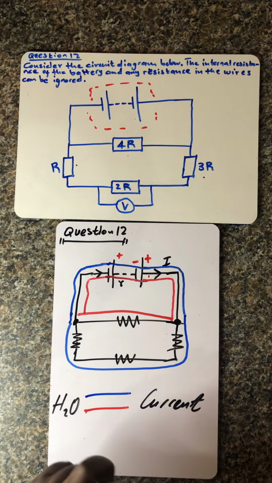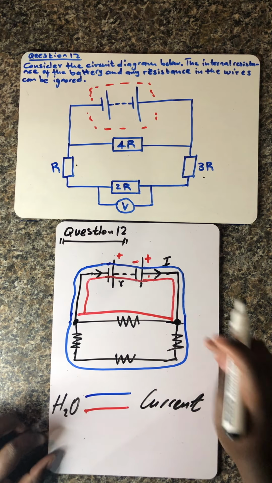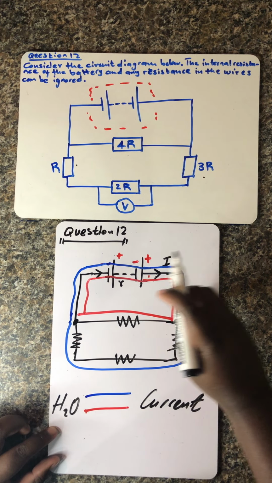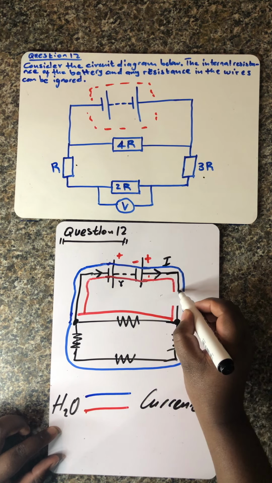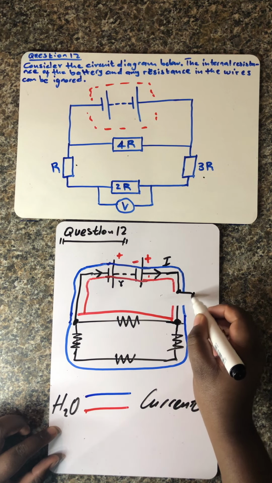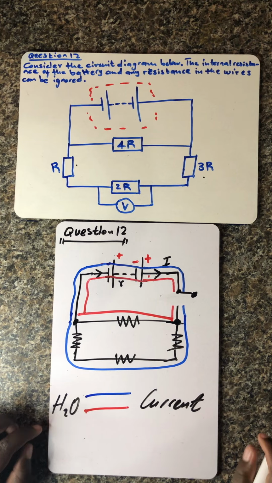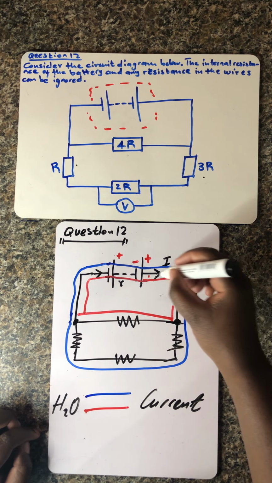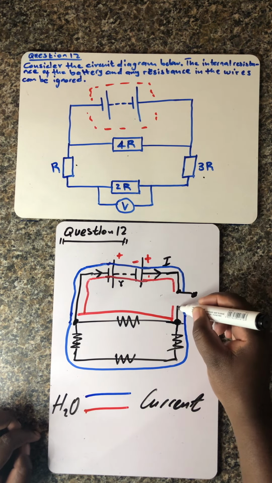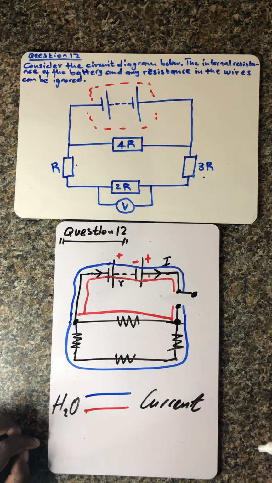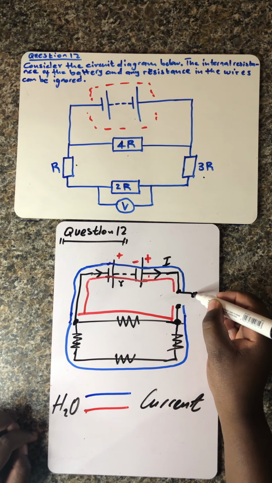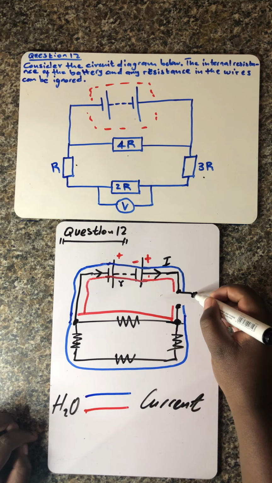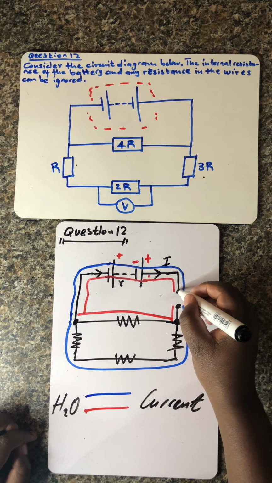That's why we've got something called a switch. If the switch is open, can you see no current is going to flow because there's a disconnection. When you turn on the switch, you are connecting these wires.